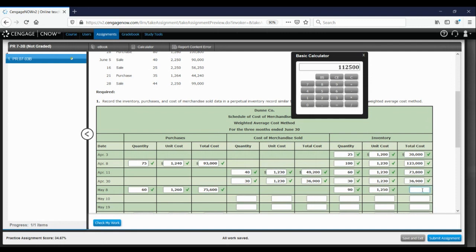The total cost of the ending inventory on May the 8th is $112,500. Do you understand what I just did in that transaction?